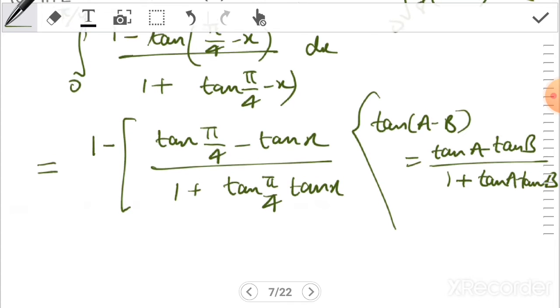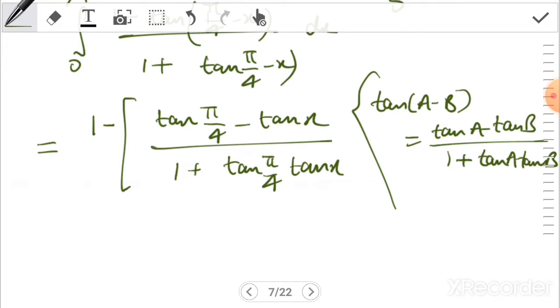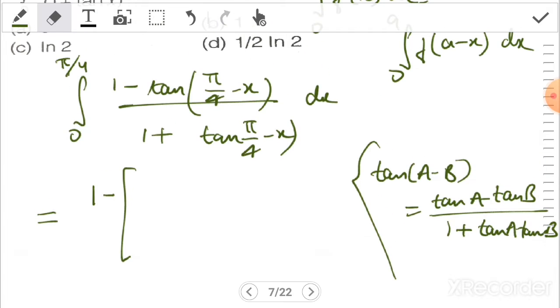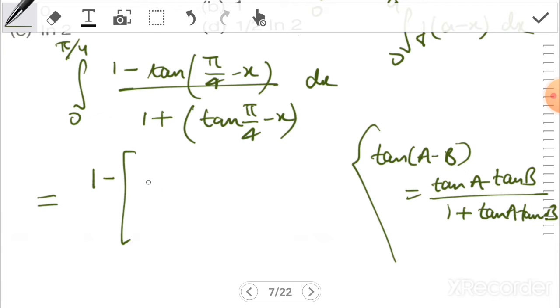Okay. So this is 1 minus tan x by 1 plus tan x, and this is also 1 minus tan x by 1 plus tan x.